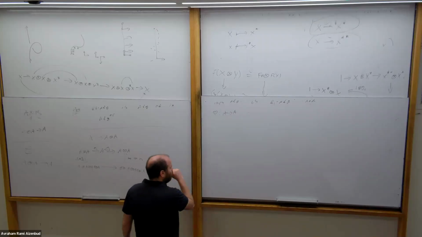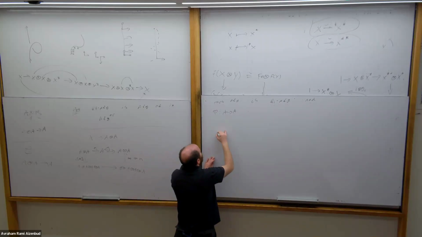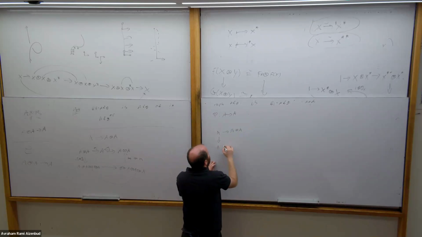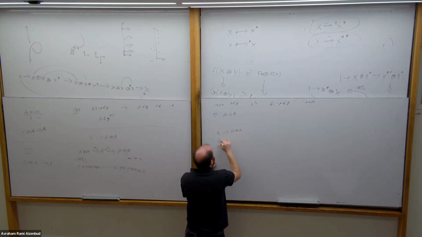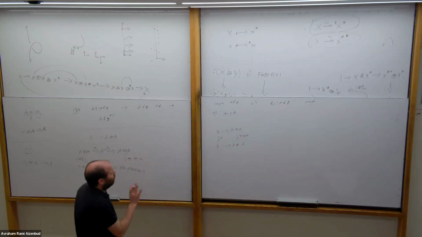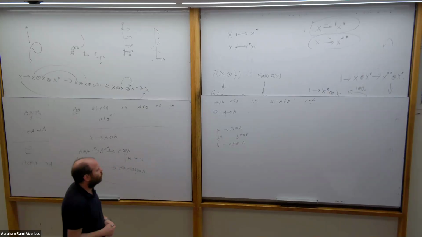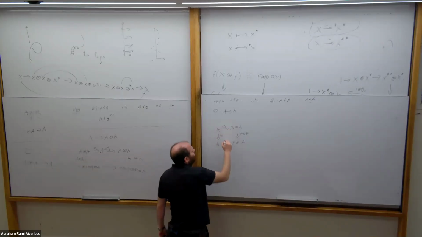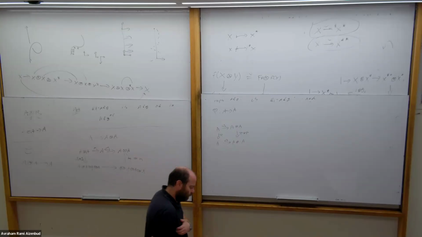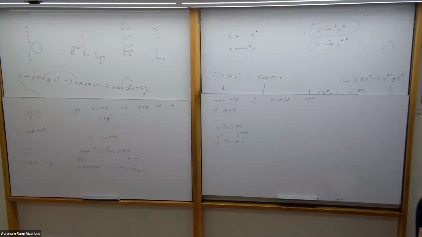So maybe this I can write even. Yeah, you have A tensor A, you have the antipode, and you have the antipode phi, E tensor phi, and maybe this is the only condition. We need to check if this is the only condition. And so this is called a Hopf algebra.